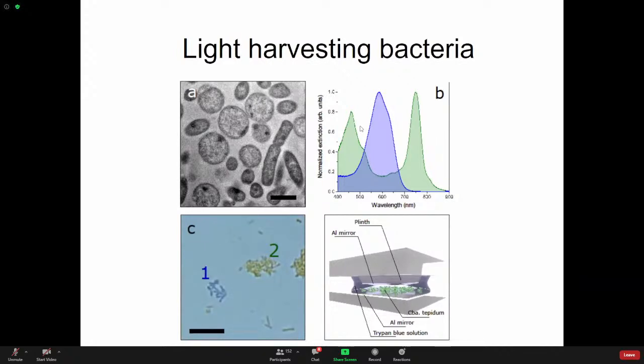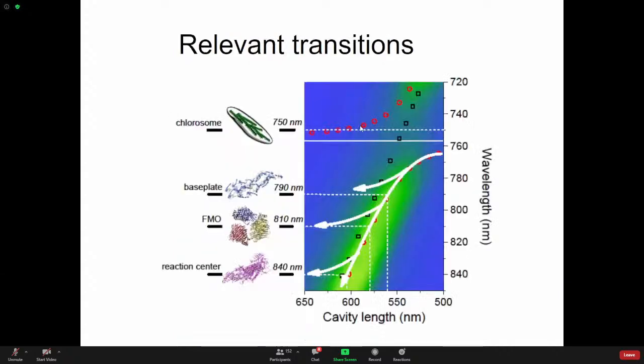But in this experiment, Dave had a single living bacterium confined to an optical microcavity and strongly coupled to the quantized light inside that cavity. And again, not to bore you too much, the transitions that he was curious about were really the relevant transitions for photosynthesis. These are the bacteria that are claimed to be using quantum mechanics for photosynthesis as well.